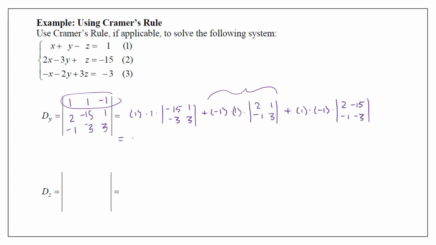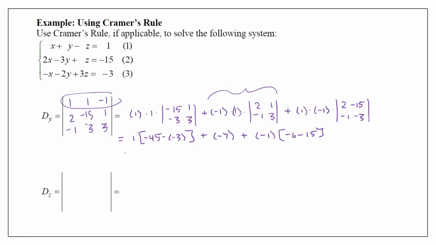So we have 1 times negative 45 minus negative 3, plus, we already know this to be negative 7, plus negative 1 times negative 6 minus 15.